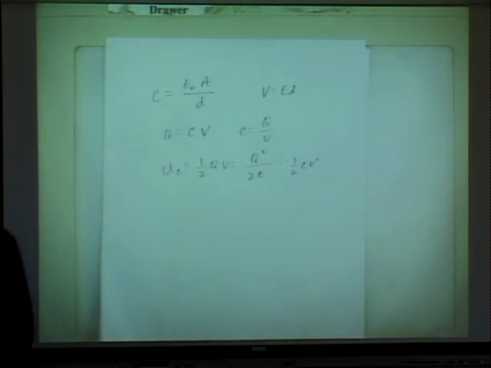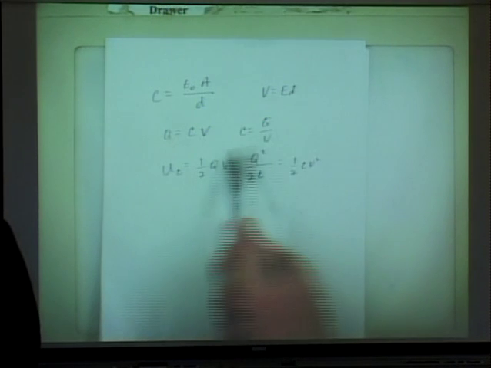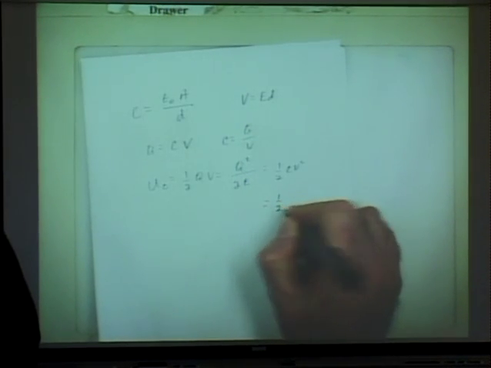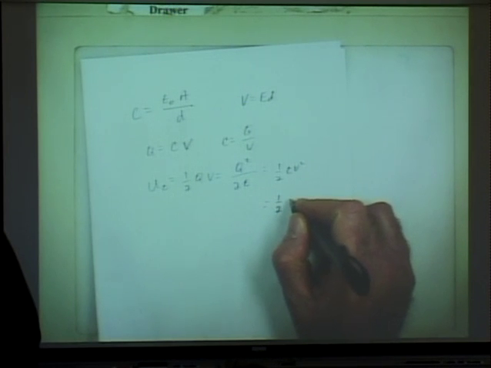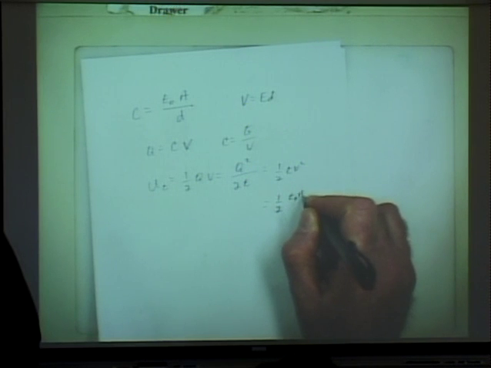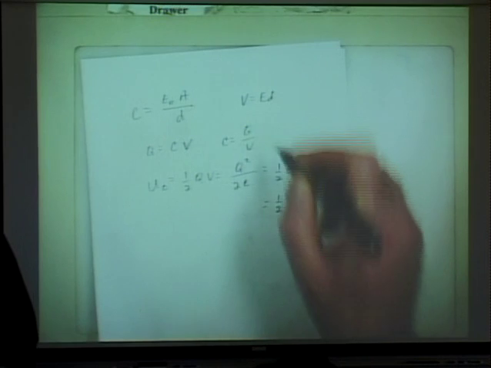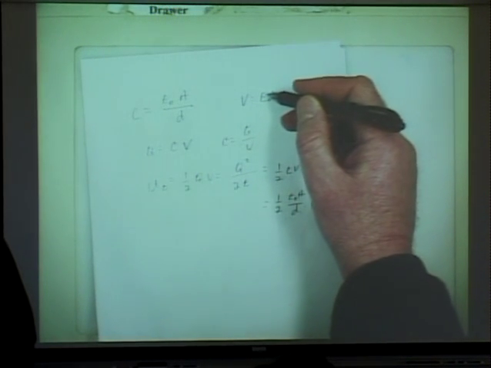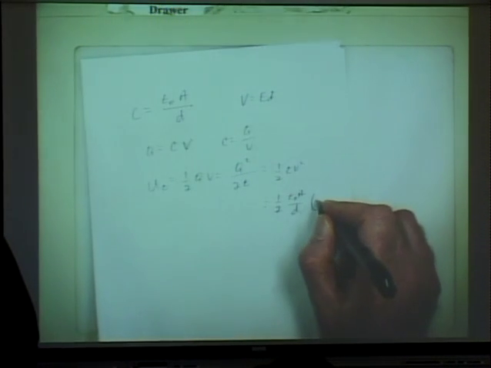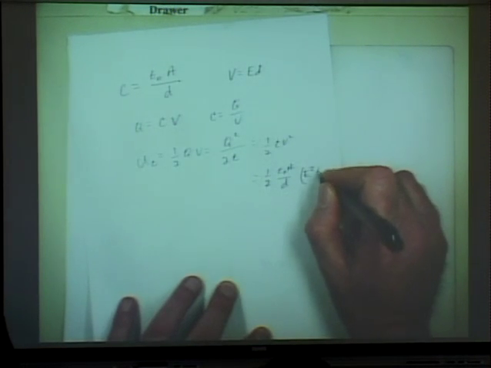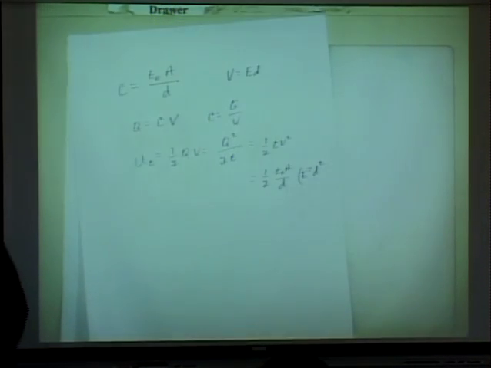So this is the thing I was after here. If we've got V squared, this equals 1/2 C, which is epsilon naught A over D, times E D squared, which would be E squared D squared.